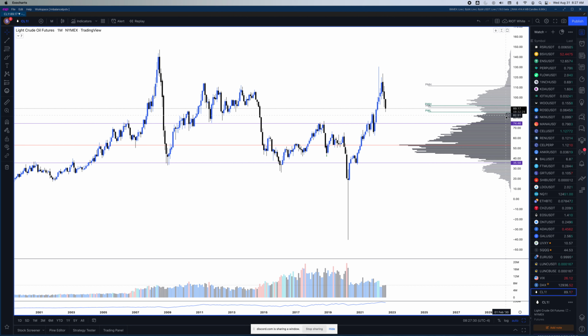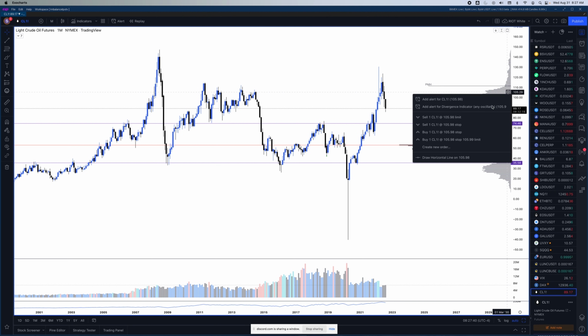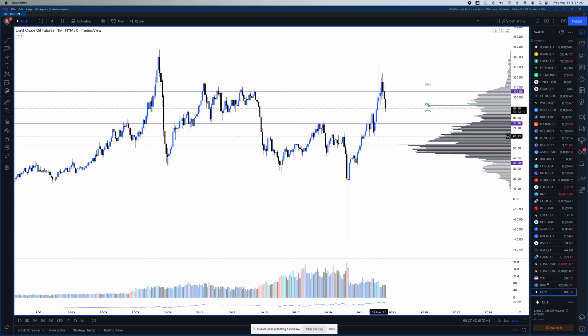I think this is the area that I was looking at before. But before I move on to that, I want to mark out this spot right here. It looks important. It topped out on the previous cycle, it has this monthly open, and this level right here has a decent volume spike as well.